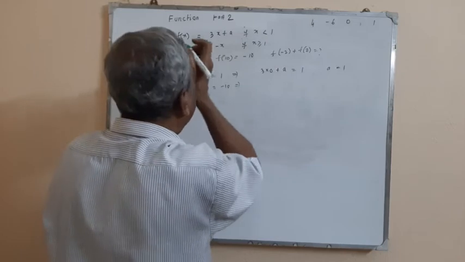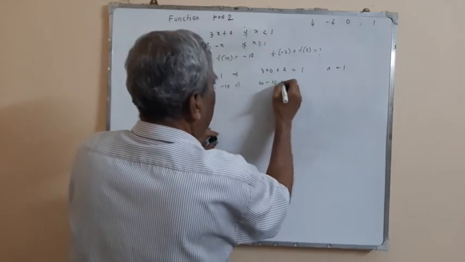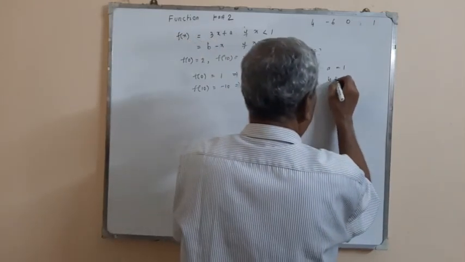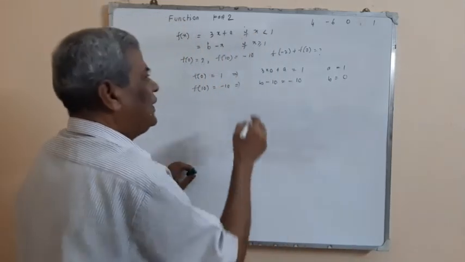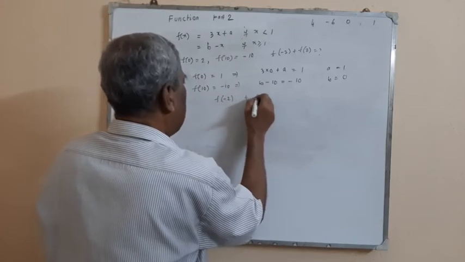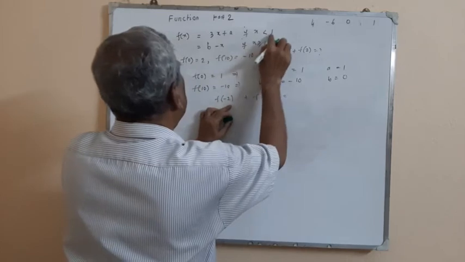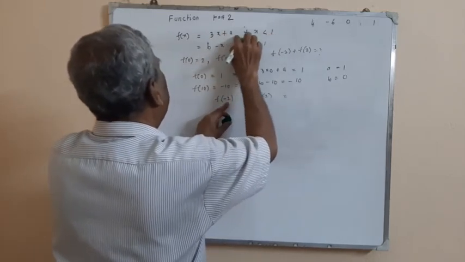From this part we get b - 10 is equal to -10, so that b is equal to 0. The -10 cancels. So now we get f(-2) + f(2). For f(-2), the argument -2 is less than 1, so it can be obtained from this part.